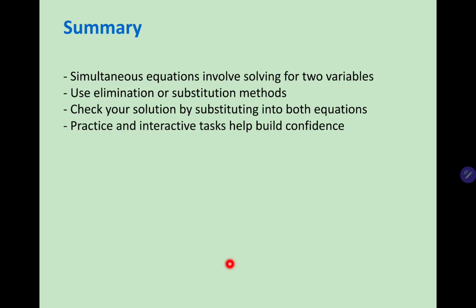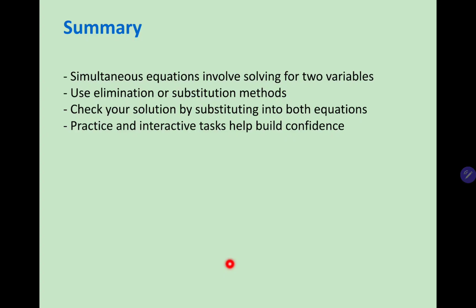Simultaneous equations involve solving 2 variables. We already said that. This is a summary. Then you can use elimination or substitution method for solving simultaneous equations. Remember, I told you there are a lot of ways you can solve simultaneous equations, but you always arrive at the same answer.